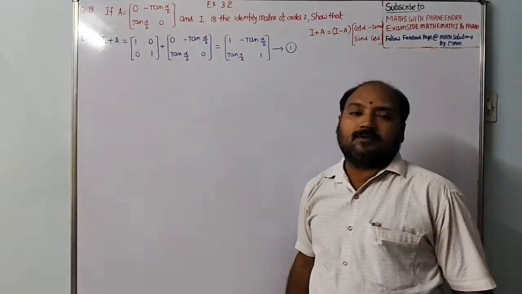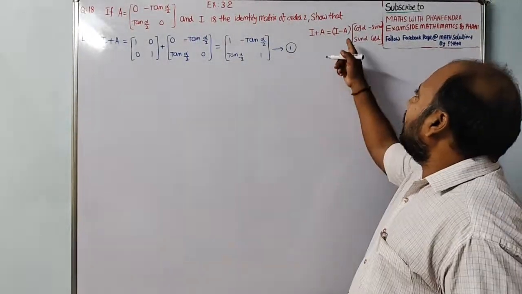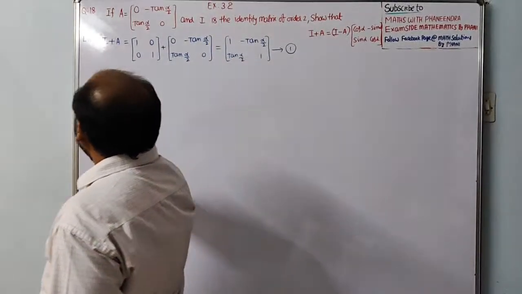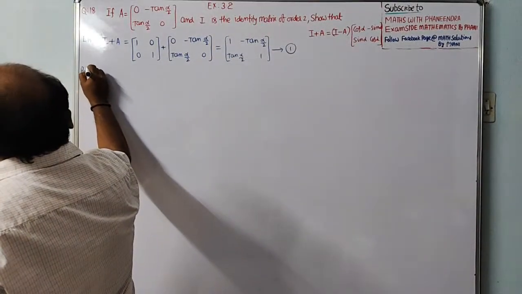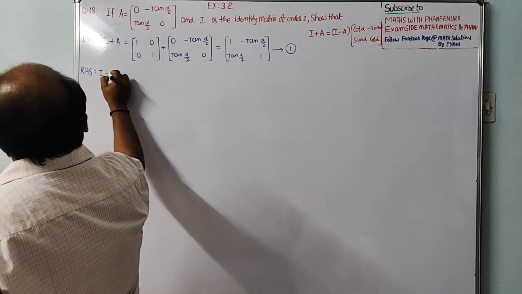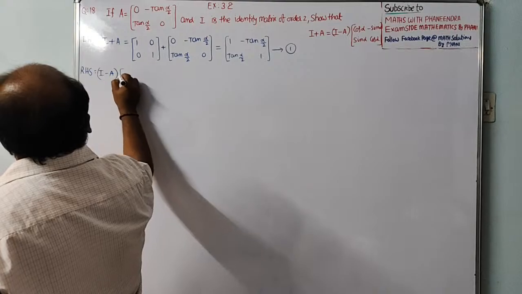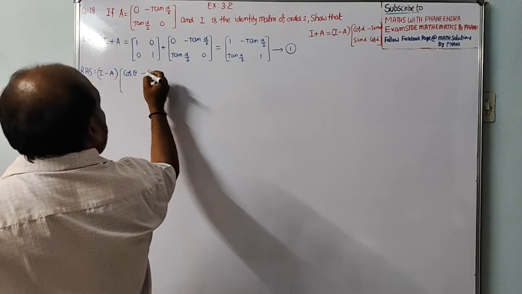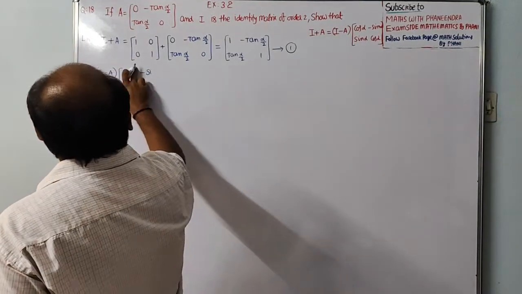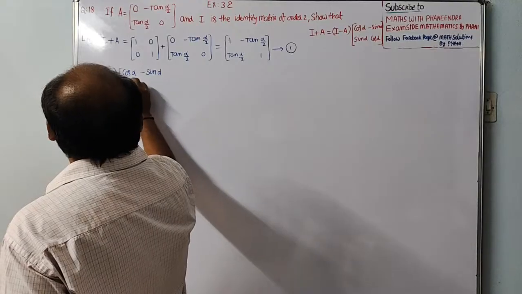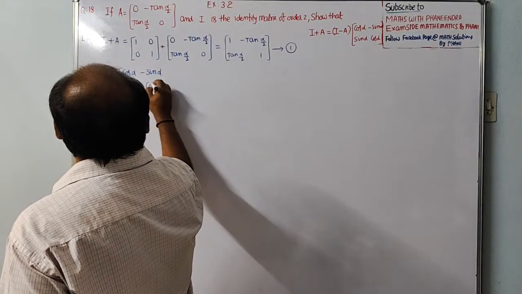Okay, dear students, now come to the RHS: I minus A into [cos alpha, minus sin alpha; sin alpha, cos alpha].